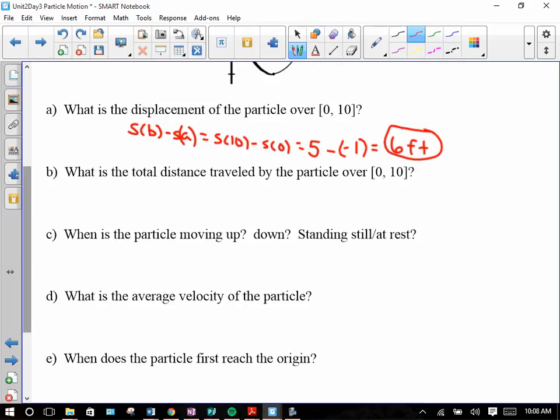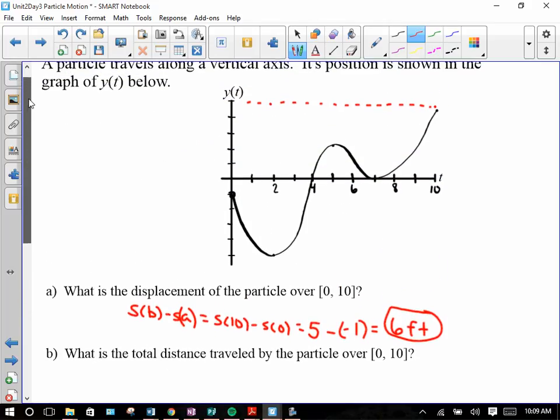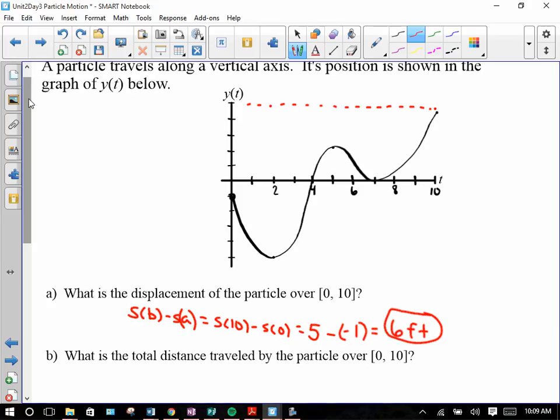So now it says, what is the total distance traveled by the particle from 0 to 10? Alright, so total distance, make some sort of estimation for it. The thing to do is you want to get the max points that you know.